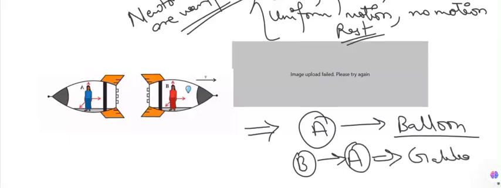If A gives the position of the balloon or the ball, whatever it is, by transforming B's coordinates into A's coordinates, this transformation will be known as Galilean transformation. Got it or not? Yes, ma'am, I got it. Very good.